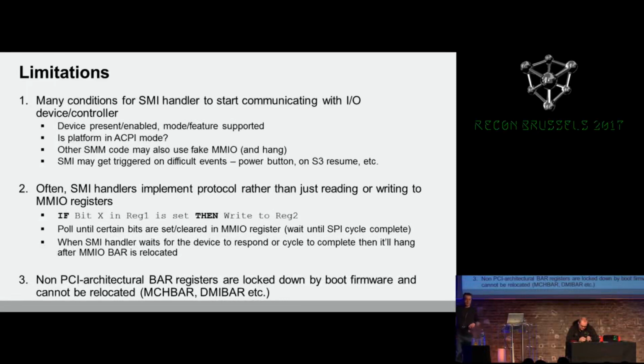You populated the fake MMIO range in memory, and if the firmware writes something and expects it to change, then you're out of luck because you don't have any agents running in parallel. In certain cases, that might be bypassable on some platforms, but in most cases, you're out of luck.